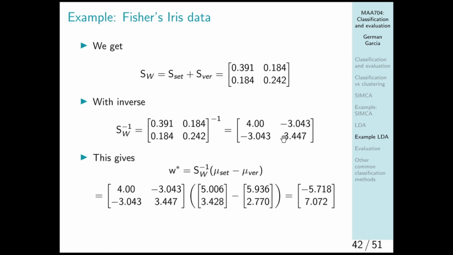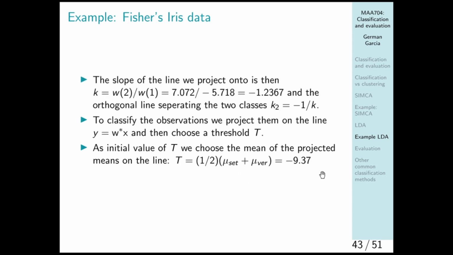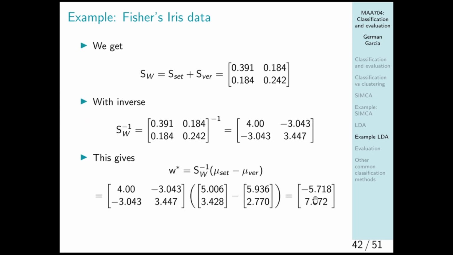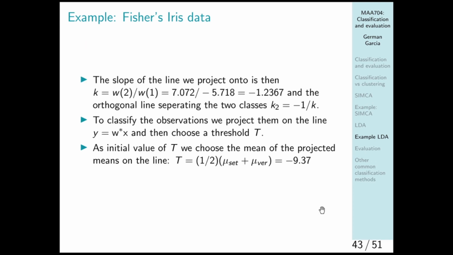So the optimal line, the best line, is the one whose directional vector is defined by this times the vector with the difference of the means. So it's defined by these 2 coefficients. It goes through this point. This is one point, and the origin is the other one.